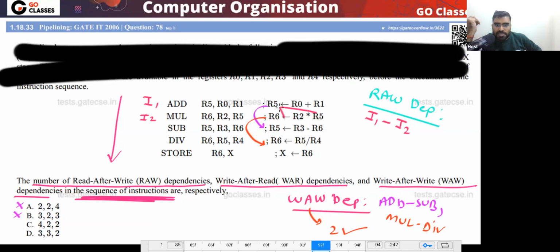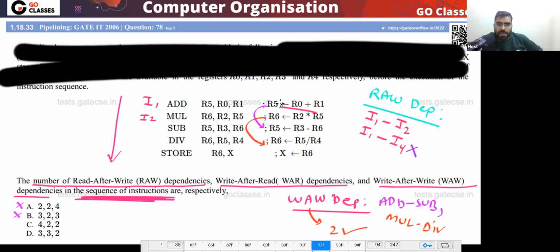R5. Is this a RAW dependency? No, this is not a RAW dependency, because in between you are writing R5. So I1 to I4 is not RAW.